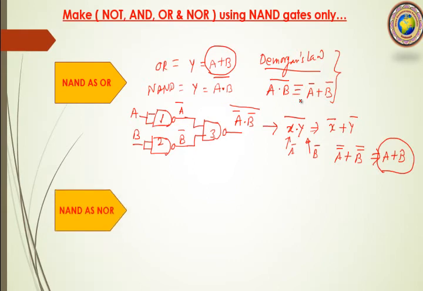So this is our NAND as an OR gate, and NAND as a NOR gate. We know that, suppose this is an OR gate and we change it into NOR form, or suppose this is a NOR gate and this is converted, we can change it into the form of OR gate, same way OR to NOR.